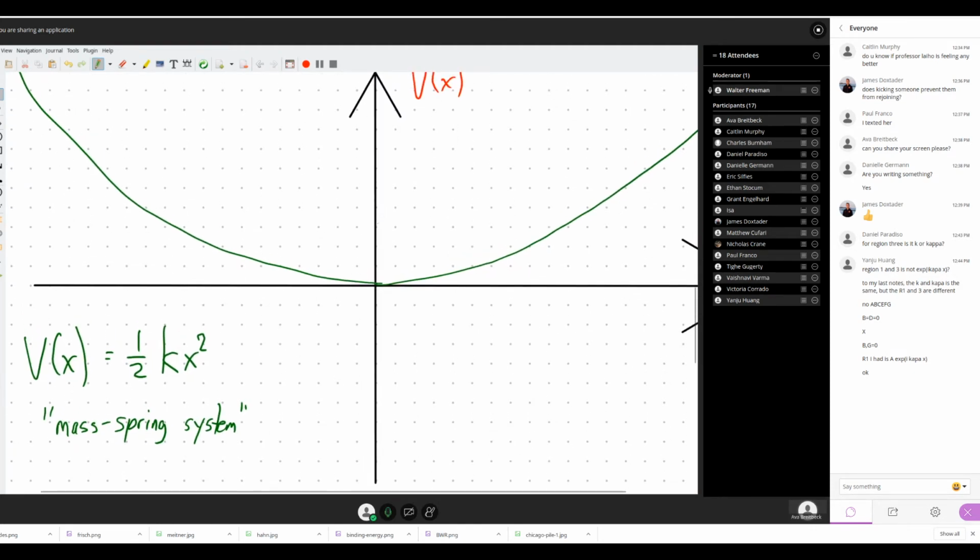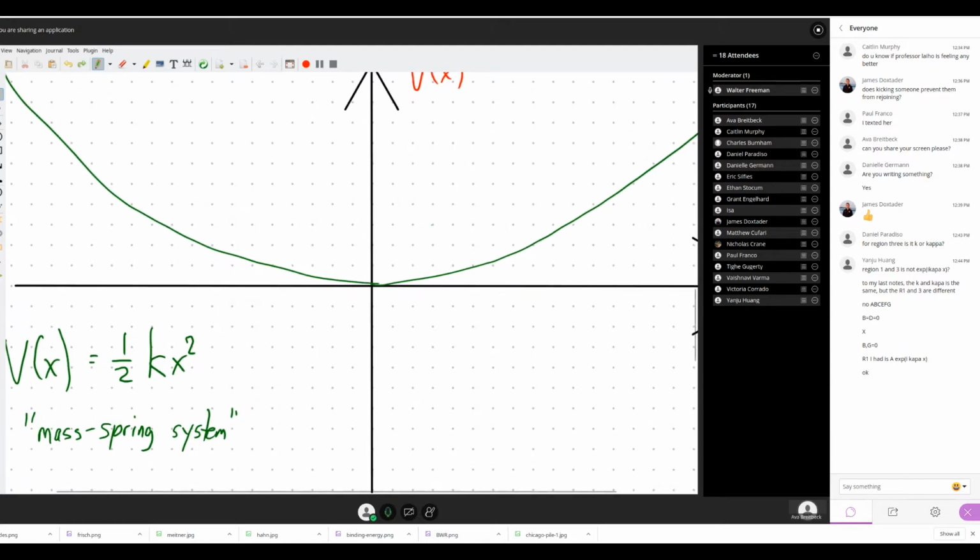So just to draw a few examples, here is the ground state. The next state looks like this.